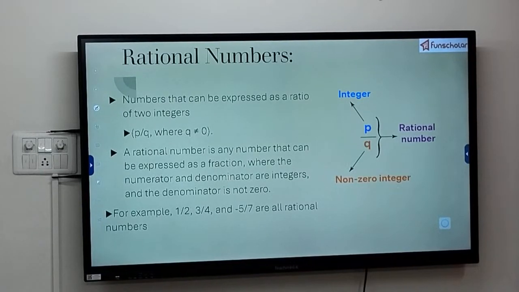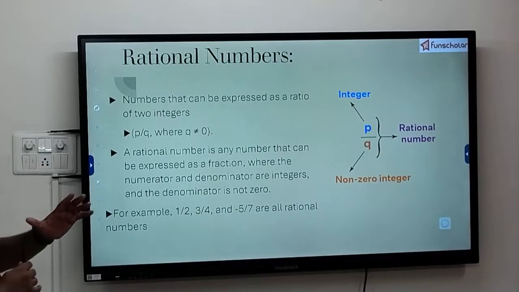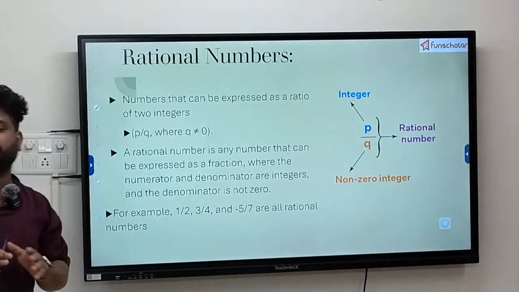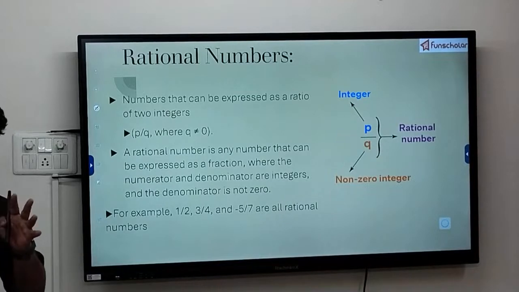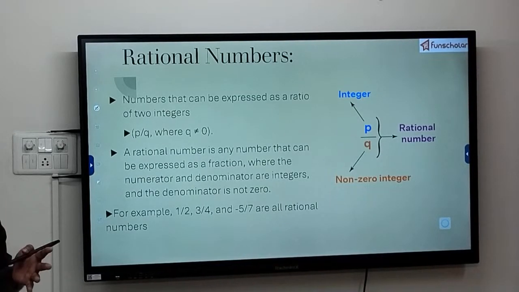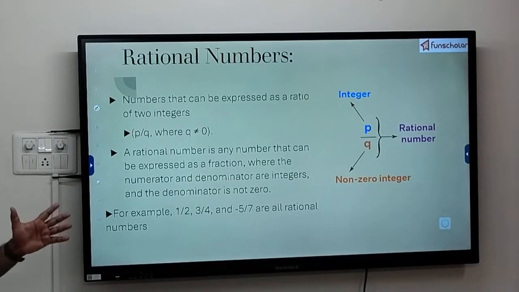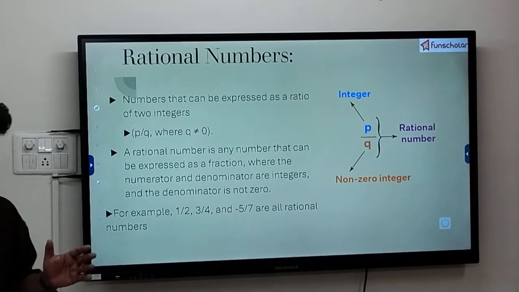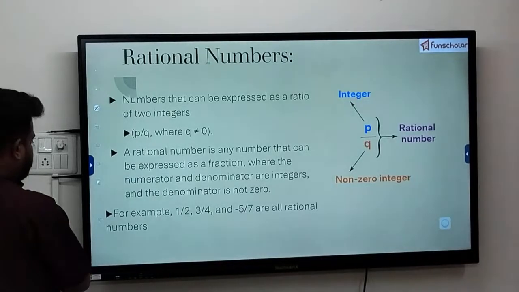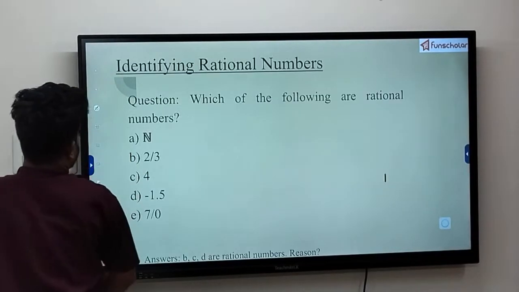Okay, the fractions themselves are also rational numbers, and negative fractions, which don't exist naturally, can also be expressed as rational numbers. Okay, this is clear everyone? Any question? Okay, so the next slide.